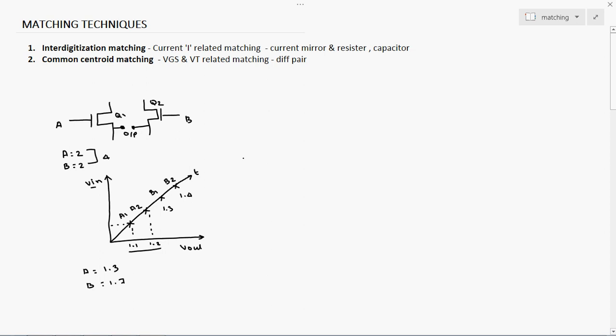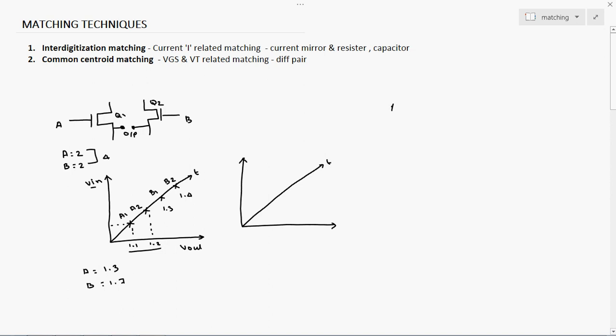So we go for a matching based technique. Matching is just a pattern. Same time domain, same x and y input and output graph. Instead of placing A1, A2, B1, B2 in such a fashion, we have to rearrange the pattern.